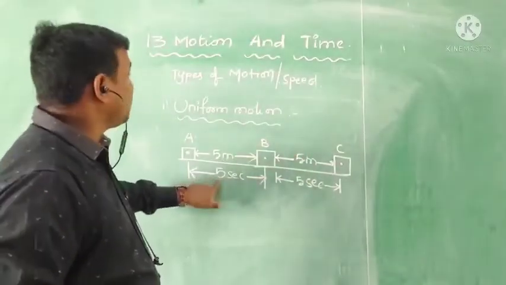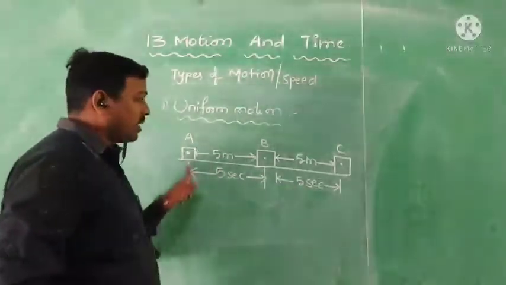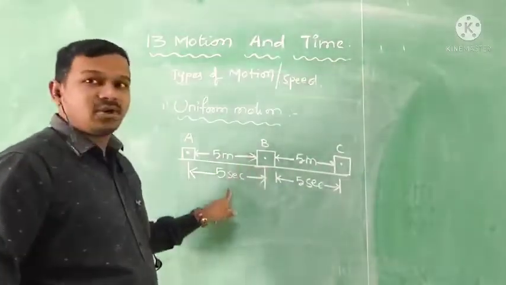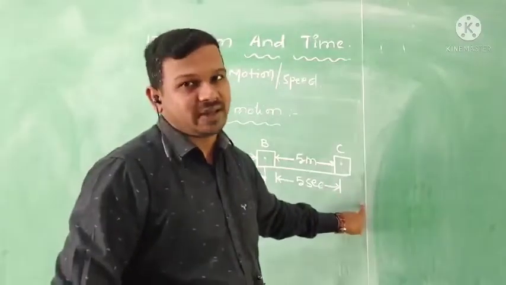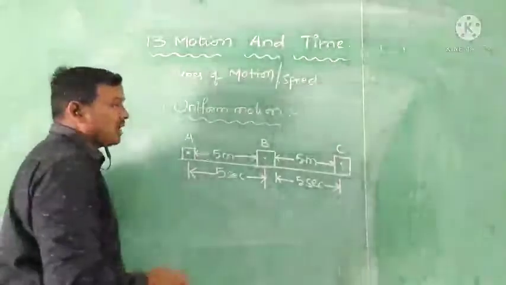For covering equal distances, how much time did he take? From A to B, he took 5 seconds. From B to C also he took 5 seconds.